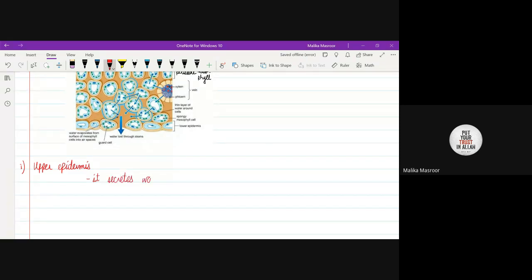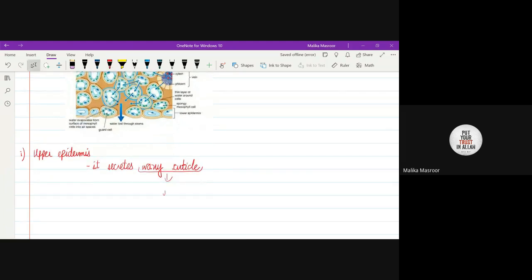Upper epidermis is there and it secretes the cuticle. Waxy cuticle, okay. This waxy cuticle is thin, transparent, and waterproof.